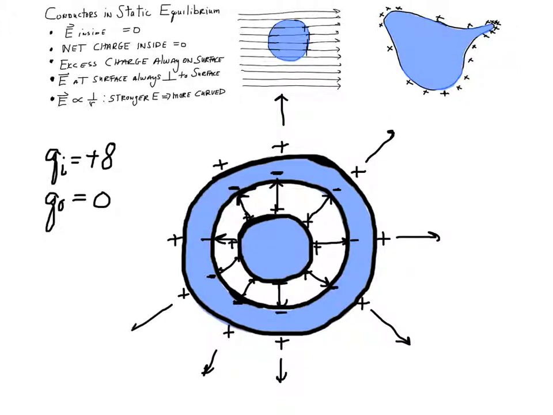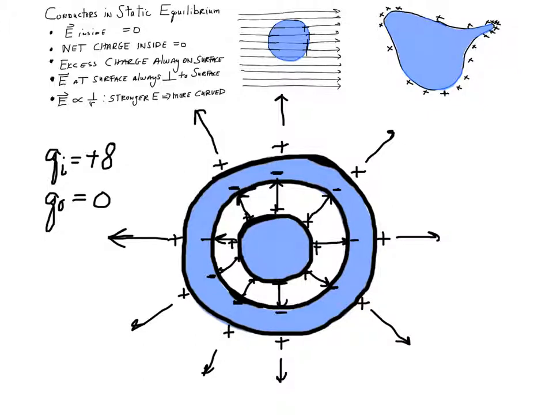And if you think about Gauss's law, the amount of flux, 8 field lines, indicates the presence of positive 8 charge inside. So we have positive 8, negative 8, which is 0, positive 8. So inside, we might not know how it's arranged, but we have a net charge of positive 8.